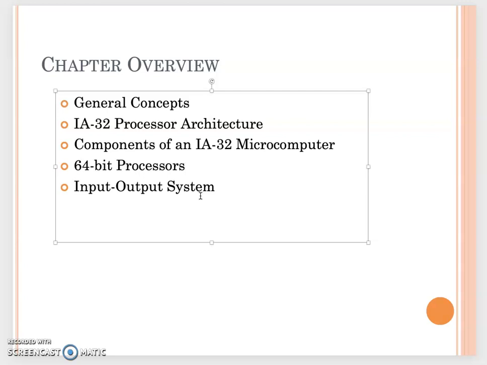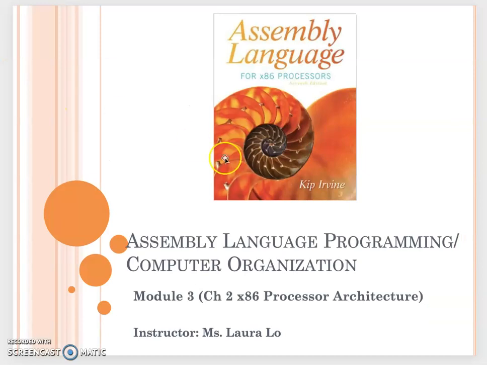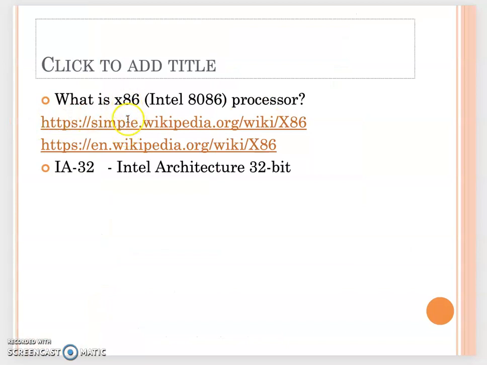I know at first you will think about what is x86, or we say Intel architecture 32 processor. The textbook we use calls that the x86 processor. If you try to Google the x86 processor, here I give you a Wikipedia example from the link. You can go over to that.